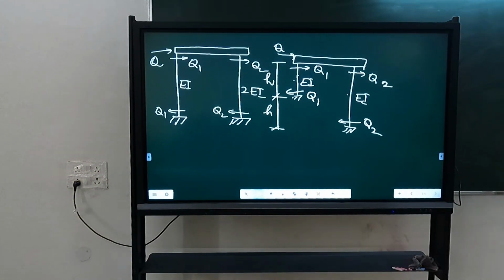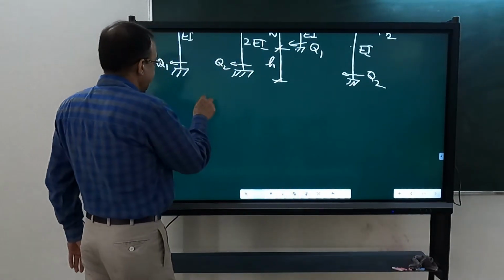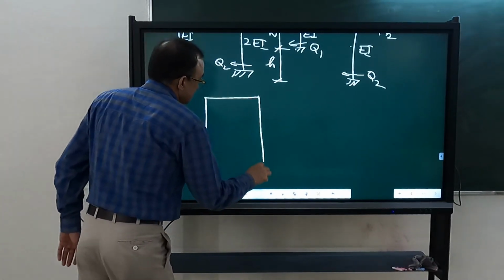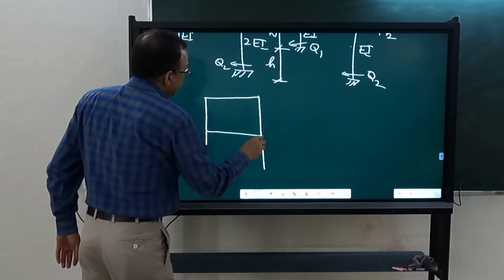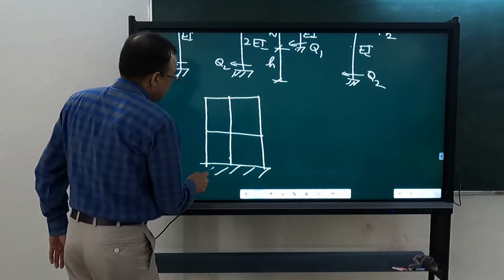Now the question they are asking is that when the beam is rigid, we can calculate the ratio. Suppose the beam is flexible, not rigid.